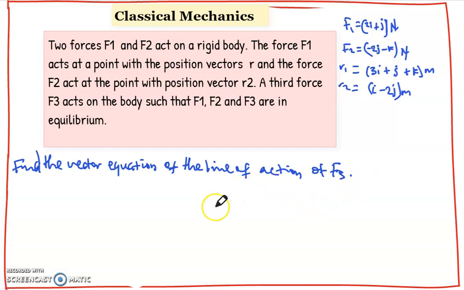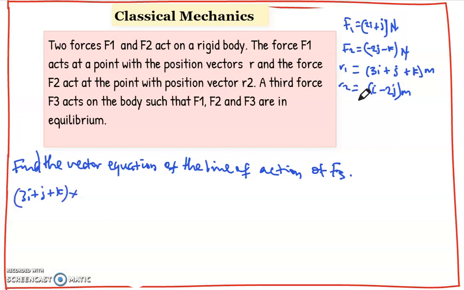For us to find the vector equation of the line of action of F3, we need to multiply the position vectors r1 and r2 with the forces, and then we are able to find the equation. What we need here is r1, the first position vector, which is 3i plus j plus k.